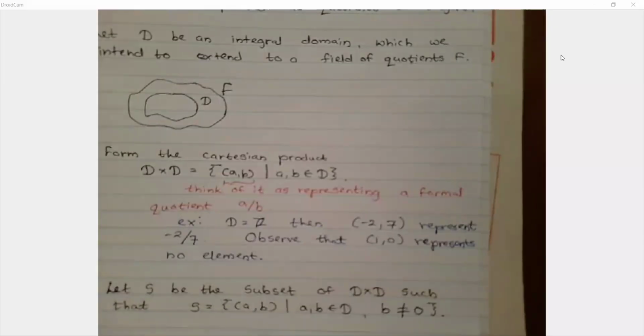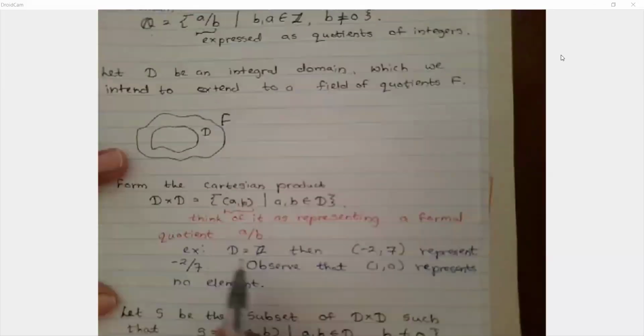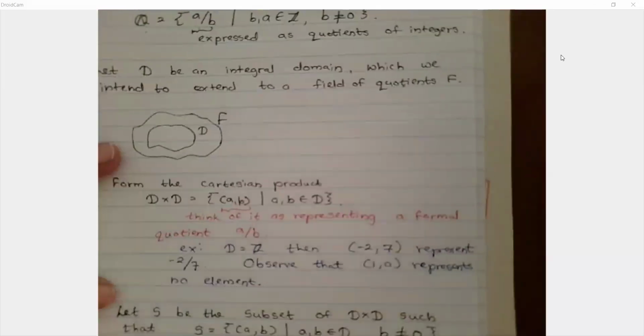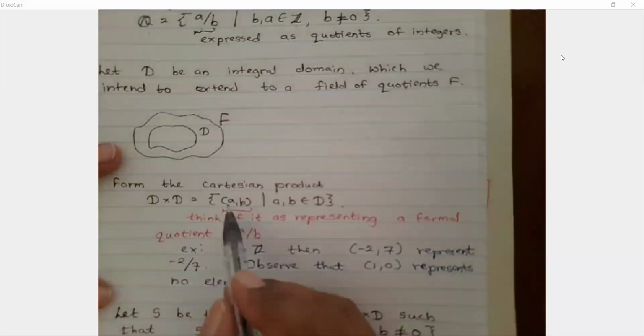Now we are not really done with the construction, but mostly yes. Now, observe that when you take different pairs of elements, they could represent the same. For example, when D is the set of integers, you take the pair 1, 2, and 2, 4.